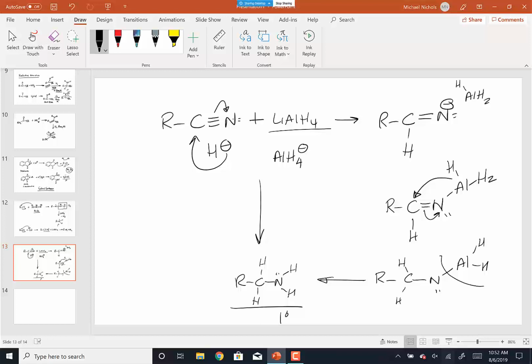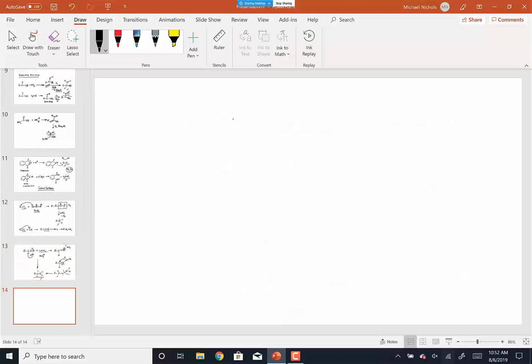Now we need to react them. And there's many different amine reactions we can do. Let's review. We can do electrophilic aromatic substitution when the nitrogen is outside the ring.